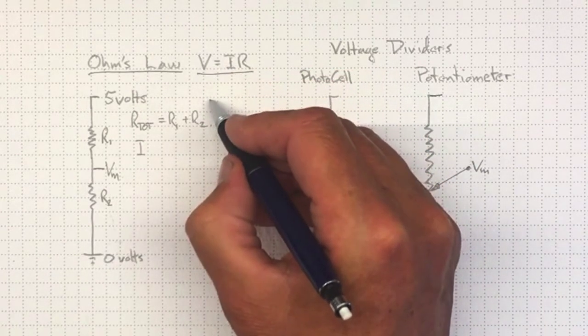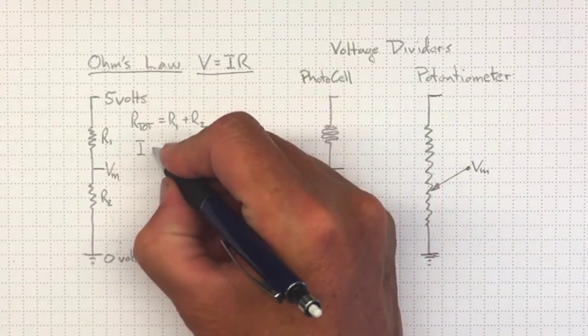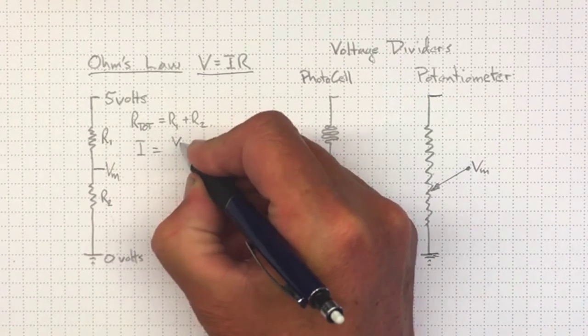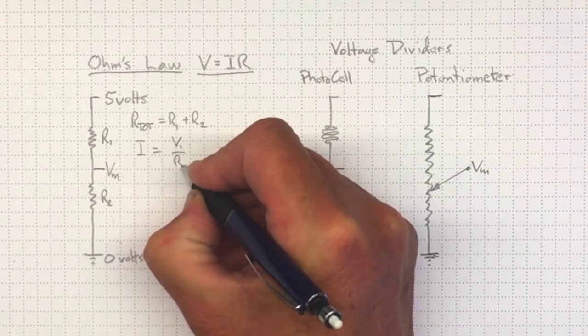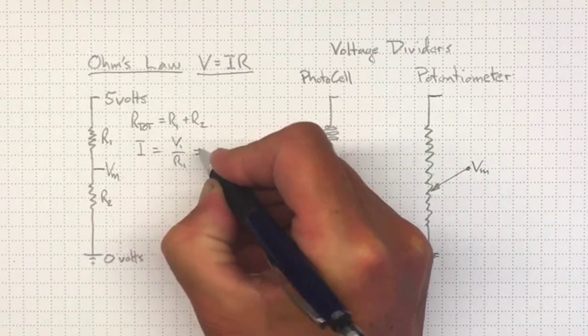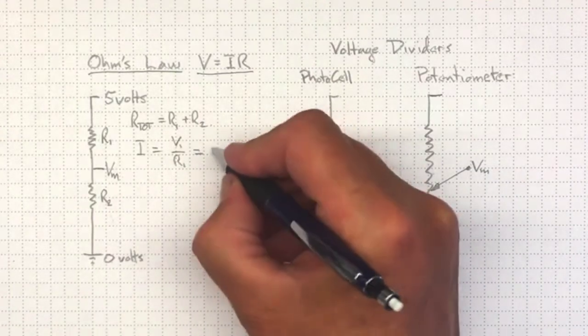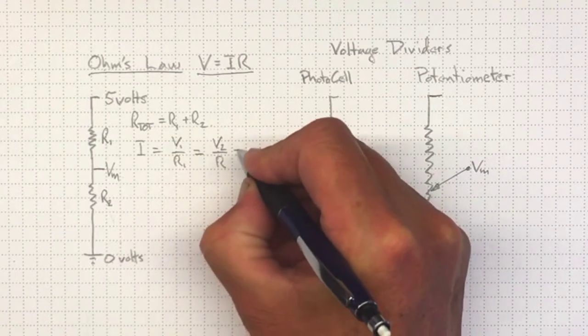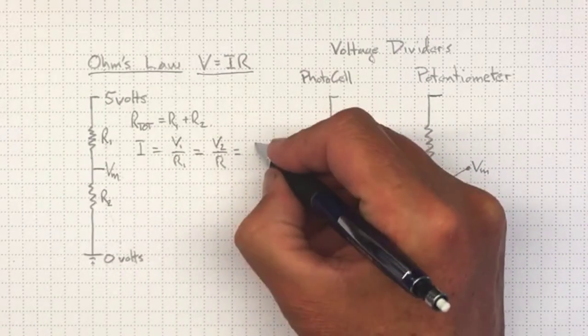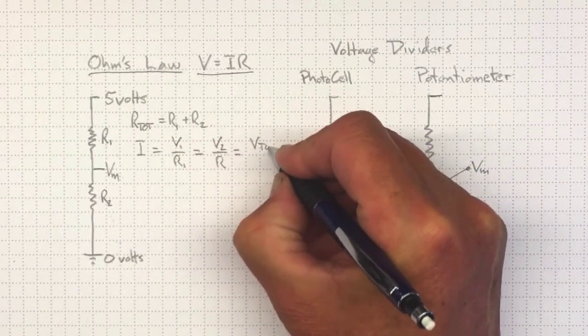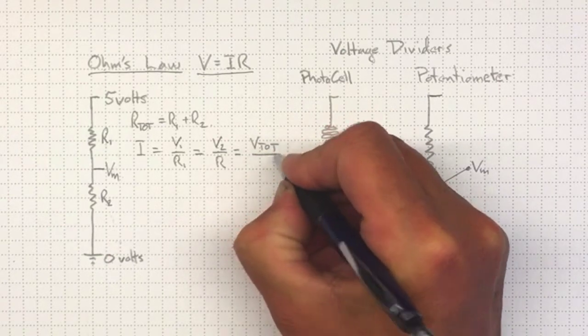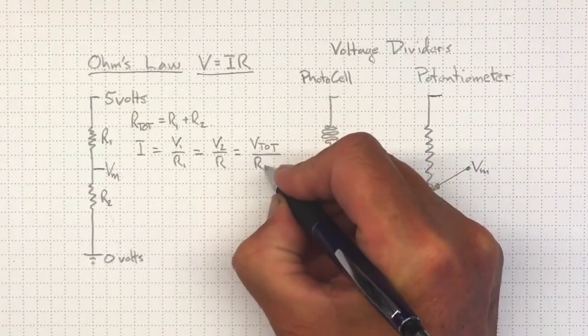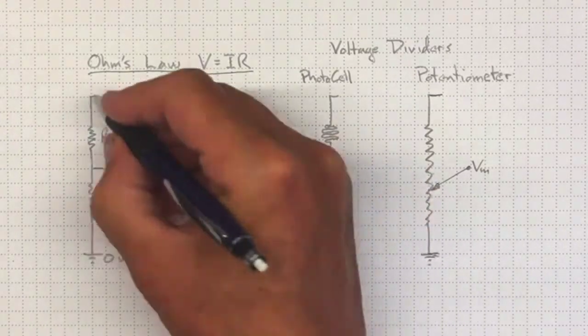So the current, I equal to V over R, will be equal to V1 over R1, and that'll be equal in the same way to V2 over R2, and to the total voltage, V total over the total resistance from here to here.